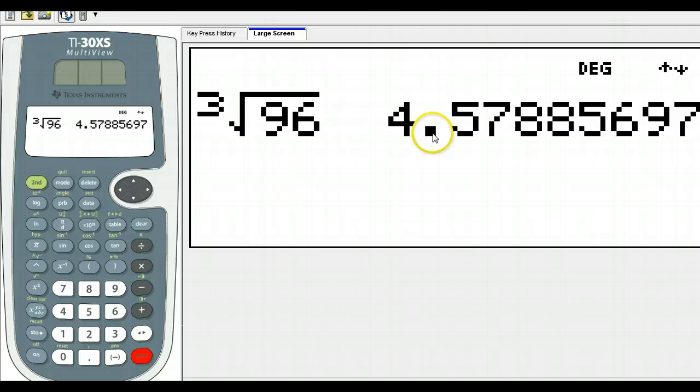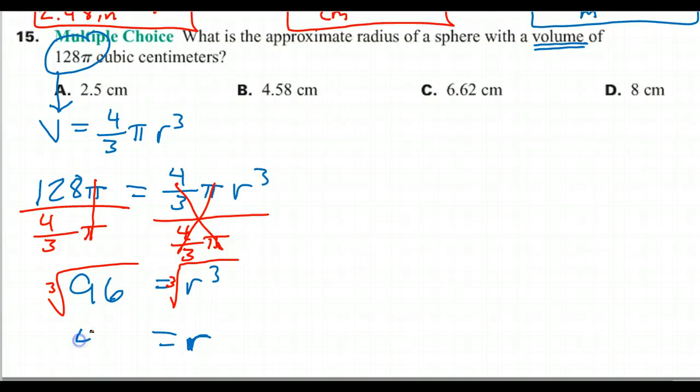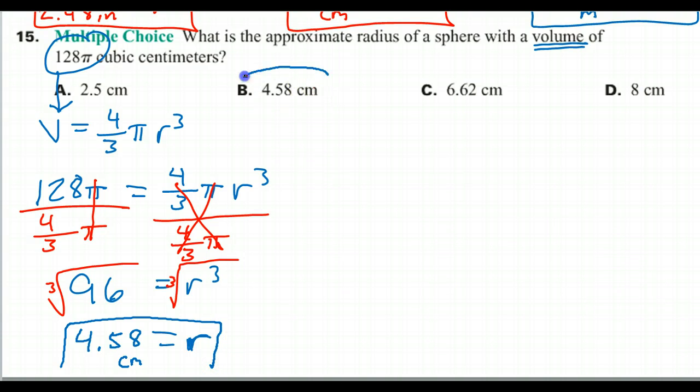So that is 4.5, and I'll have to round this up to an 8 because the next number is an 8. So 4.58, and that should be centimeters. Okay, and there it is, the answer is B.